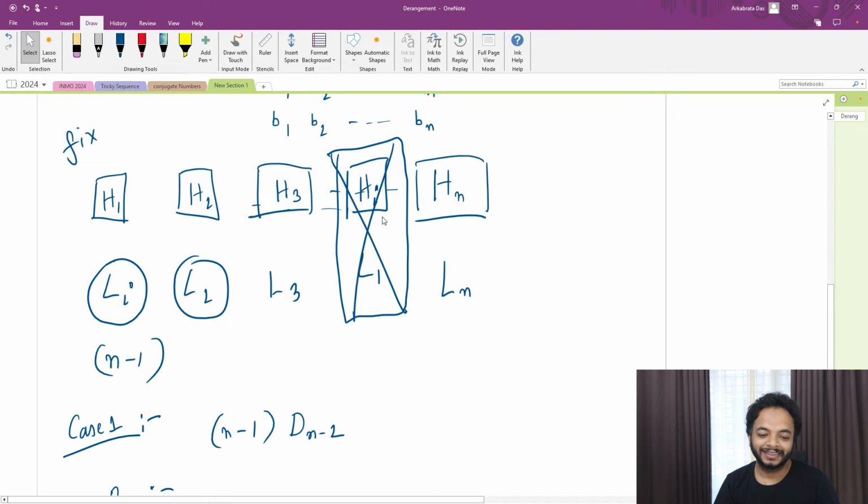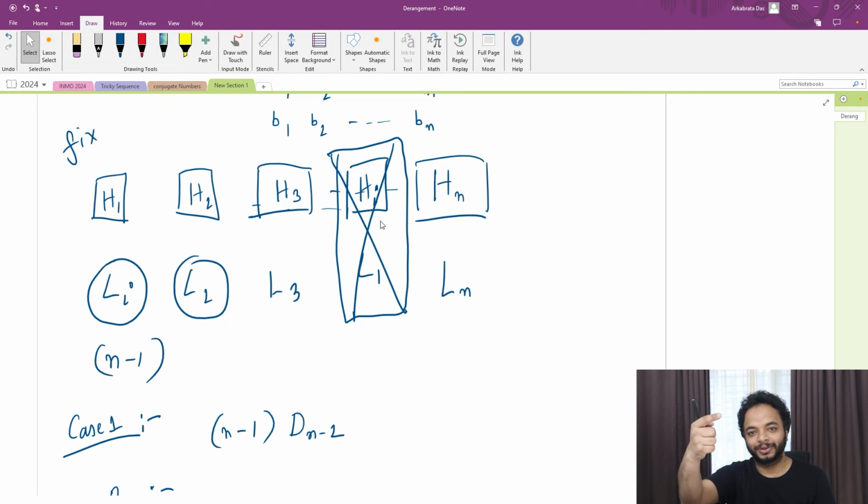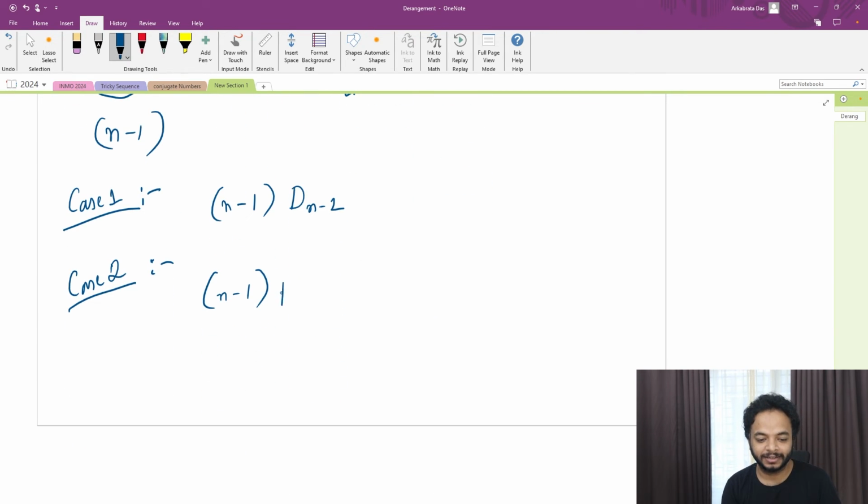And I being the postman, I can see that I have n minus 1 houses and n minus 1 letters, such that Li won't go to house 1, L2 won't go to house 2, L3 won't go to house 3, and so on. So I can see that I have to dearrange these n minus 1 letters, so that I can do it in dn minus 1 ways.